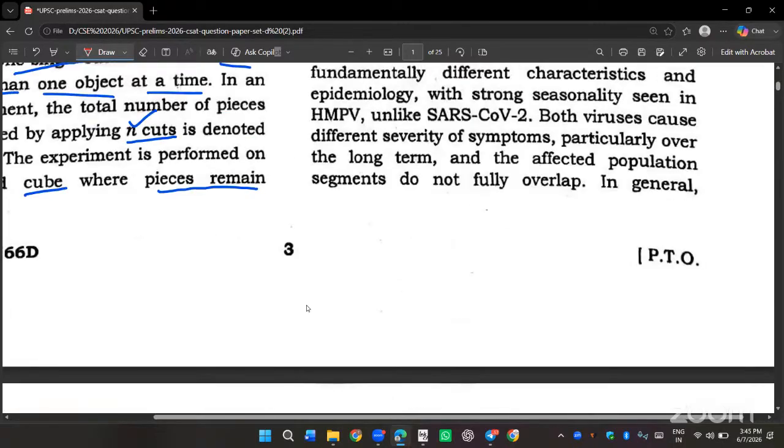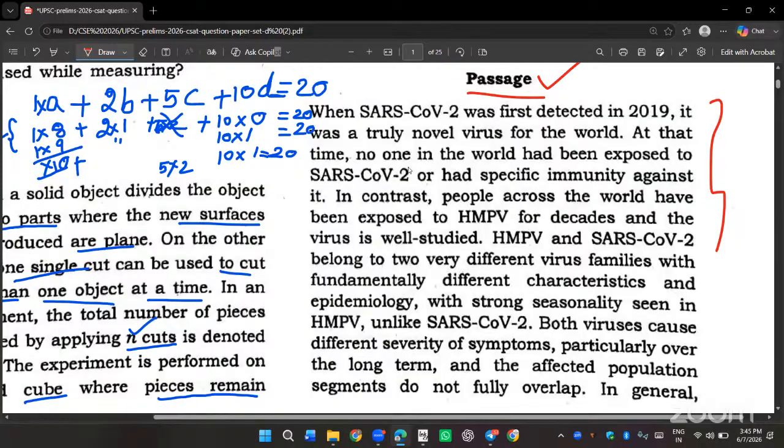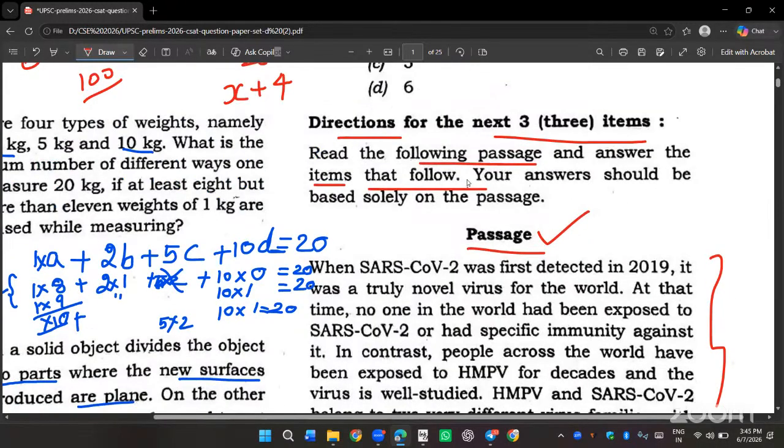Okay, we are going to discuss that. Next, your answer should be based solely on the passage. This is the difference between English comprehension and general comprehension. Remember this.